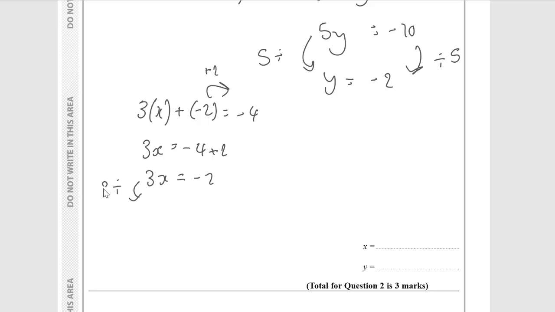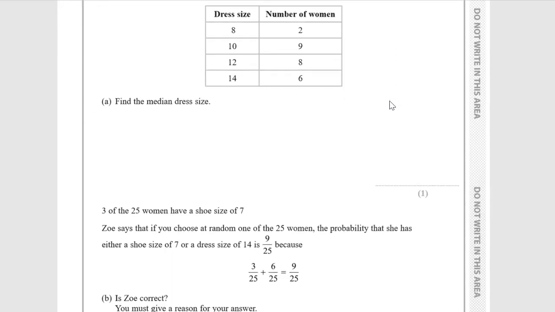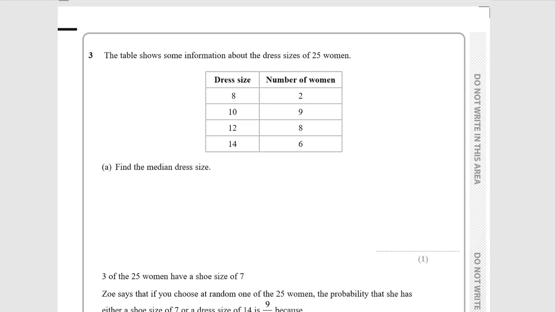Divide by 3 on both sides. So we get x equals minus 2 over 3. So x equals minus 2 over 3, and y equals minus 2.